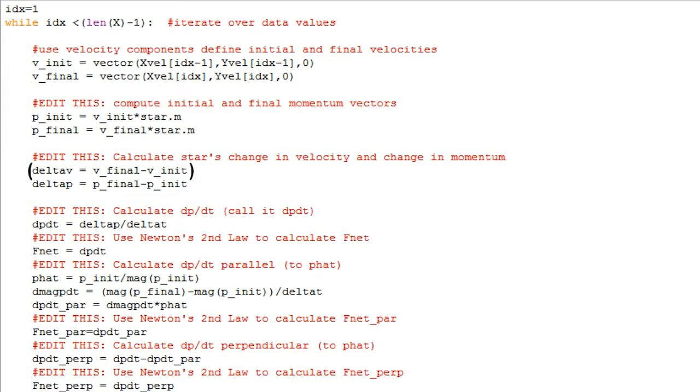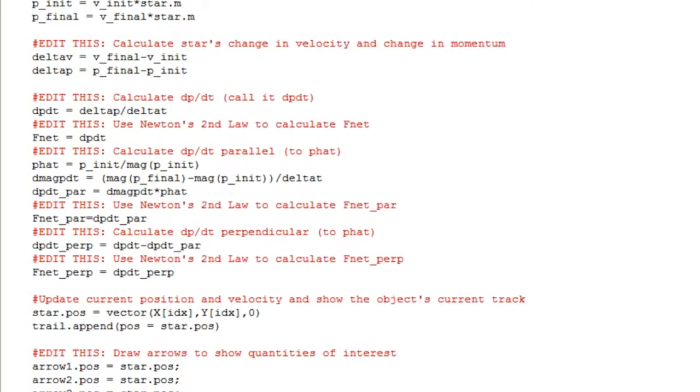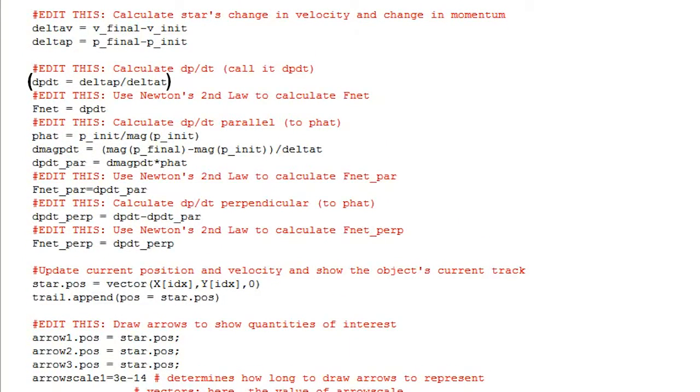Using this, we can calculate delta v and delta p, and, based on our earlier assumption, we set dp/dt to be equal to delta p over delta t, and we set the net force equal to that value. We then calculate d magnitude of p/dt, which, by using the formula we derived earlier, we can use to calculate dp/dt parallel, which we then set as the value of F net parallel.